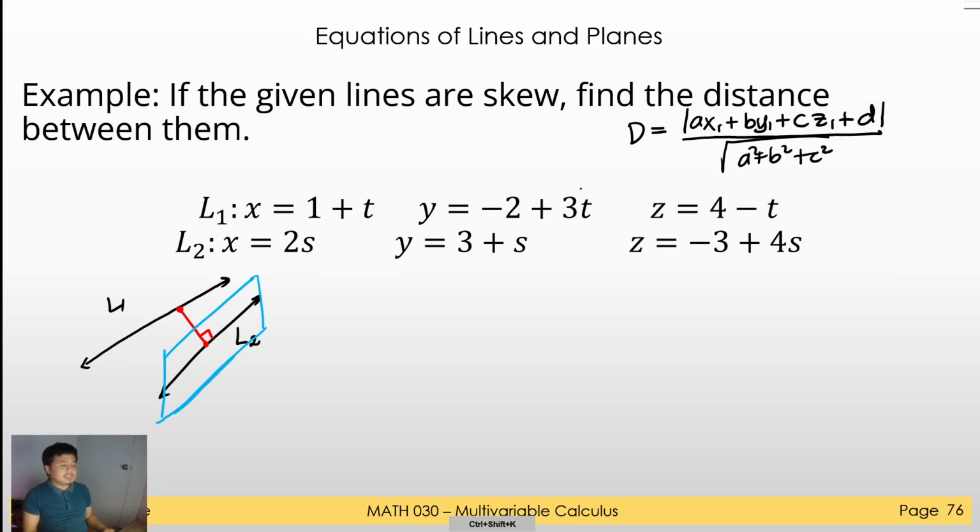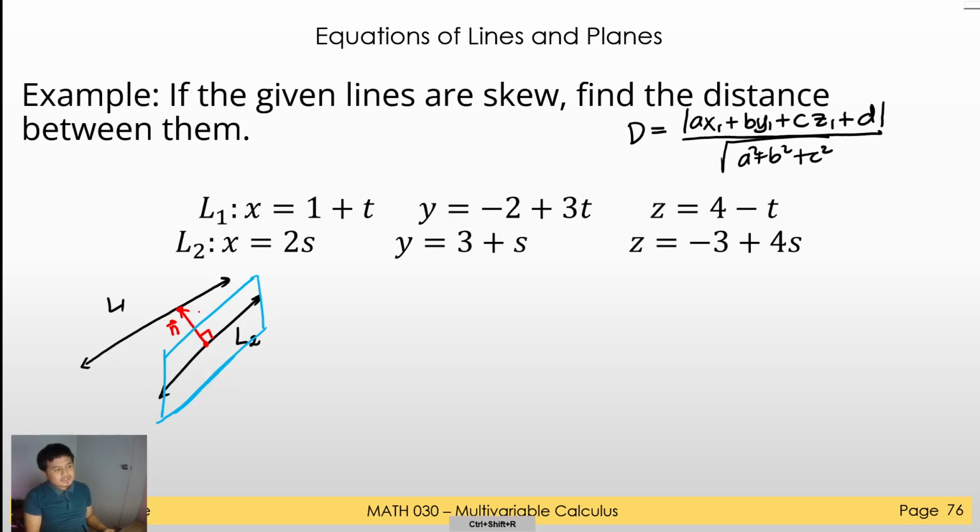Okay, so this will be your distance. So for the orthogonal vector between these two, this is actually your orthogonal vector. This red line here. So we can create an equation of a line using this one. And how do we find this orthogonal vector?